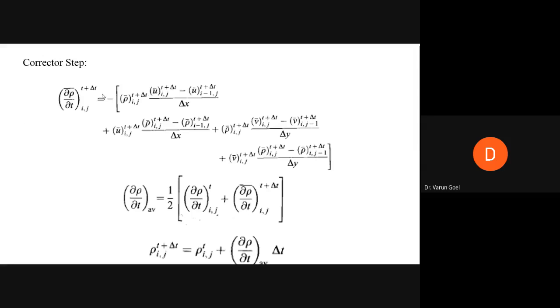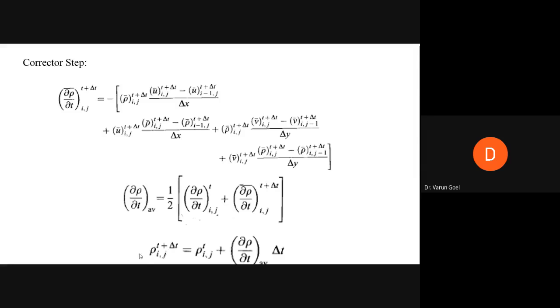So with the help of this, we are able to get the solutions. Now we get the del rho by del t average, which is taking care of your time, and which is the order of.